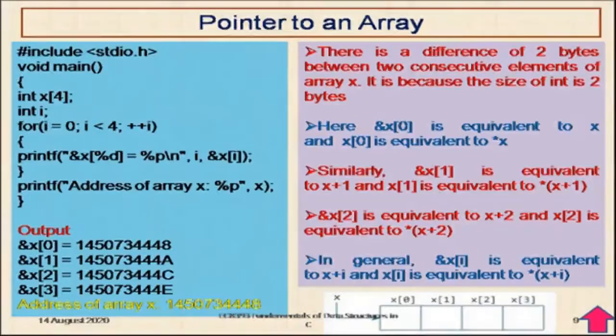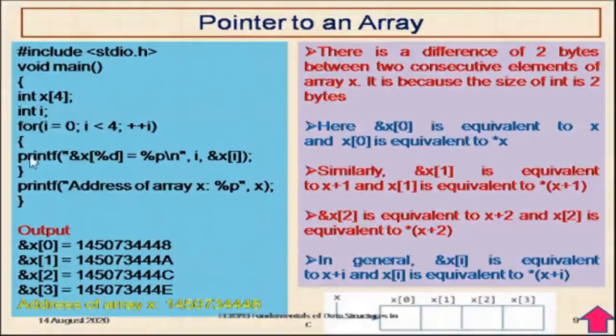Then coming to another important point, pointer to an array. When we declare an array variable in a C program, array means what? You would already have seen: array means a set of homogeneous data.